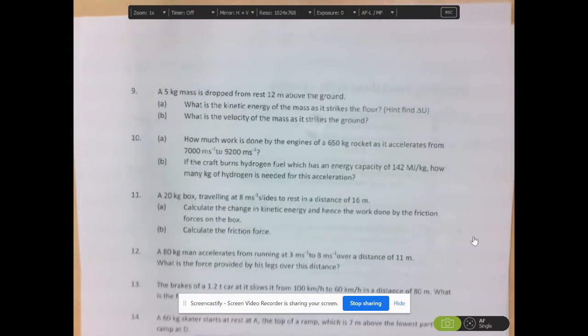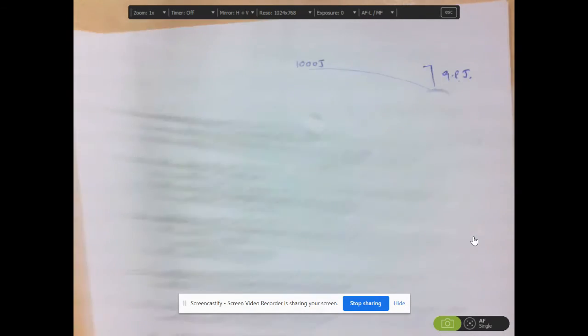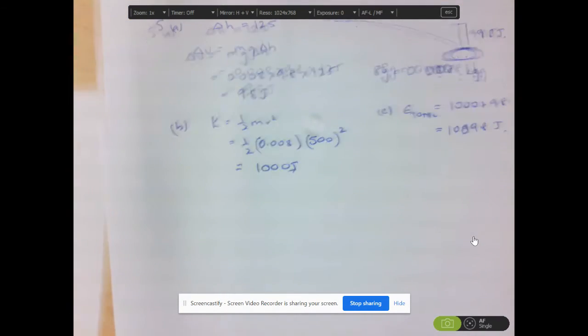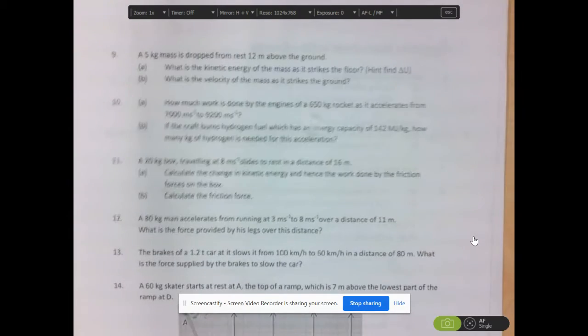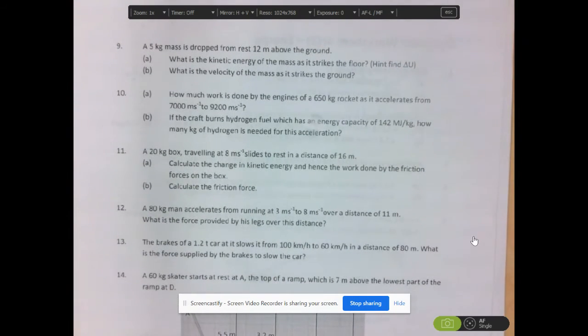Question 9, we'll do question 9 now. Question 9 says, a 5 kilogram mass is dropped from rest 12 meters above the ground. What's the kinetic energy as it strikes the floor, and what velocity does it strike the floor?